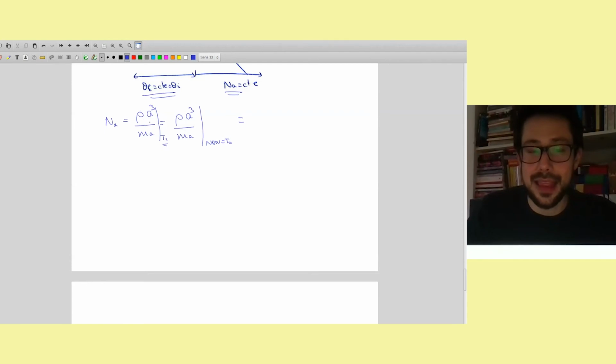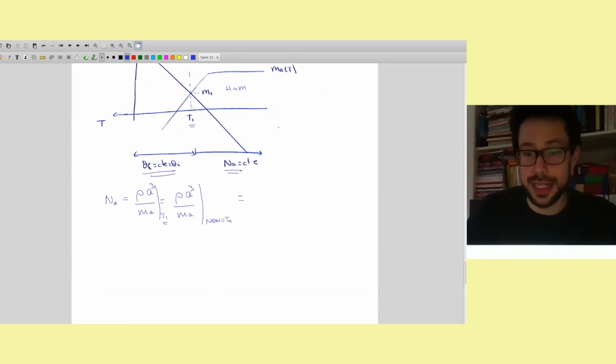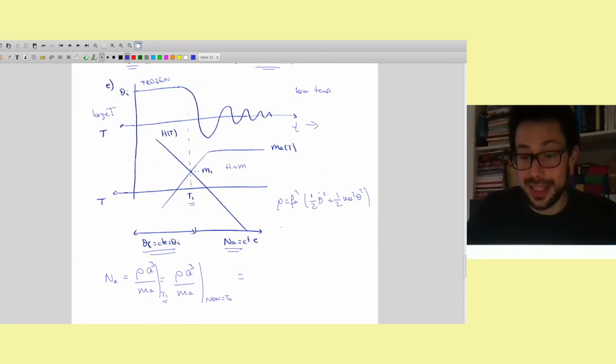So this means that this adiabatic invariant at T1 can be computed because, if you remember, we know that the energy density is going to be equal to Fa squared times 1/2 theta dot squared plus 1/2 ma squared theta squared, right? So now if we evaluate the energy density here at the very beginning, what we know is that theta dot equals 0, right? So we can remove this, right?